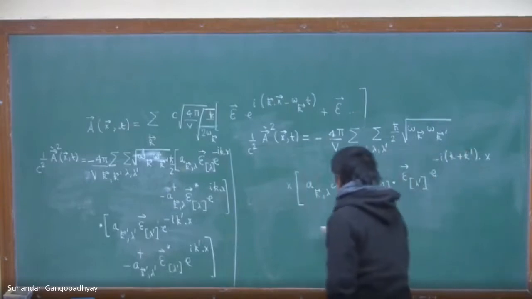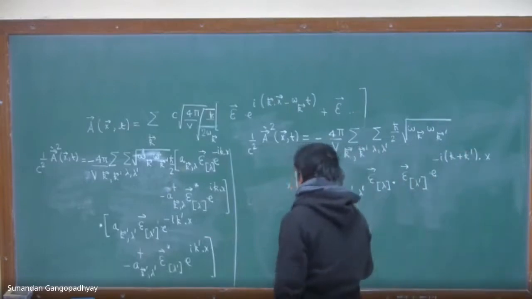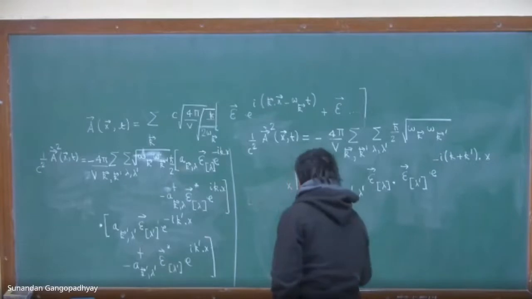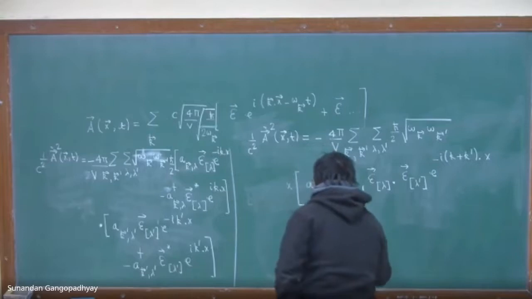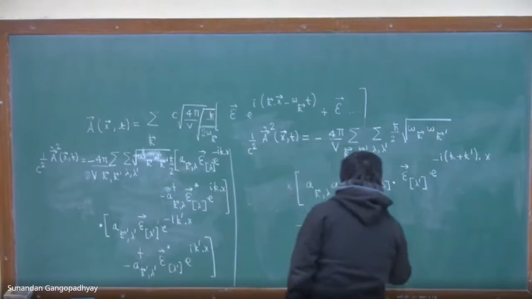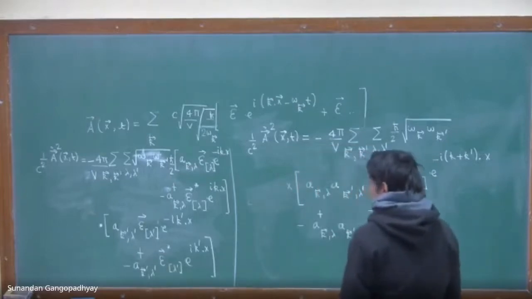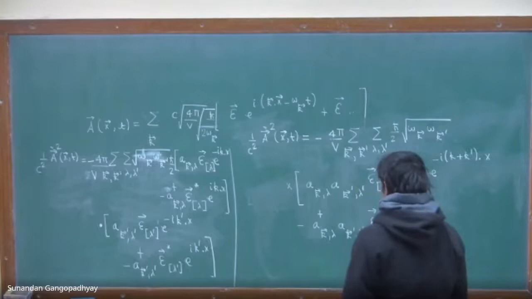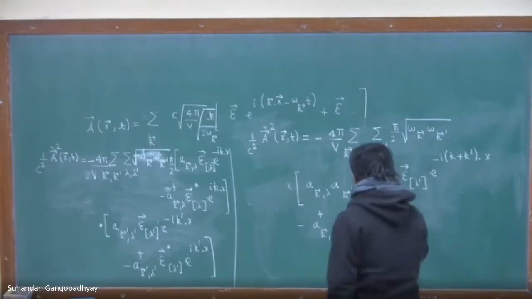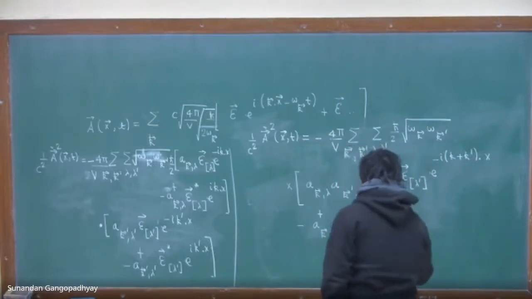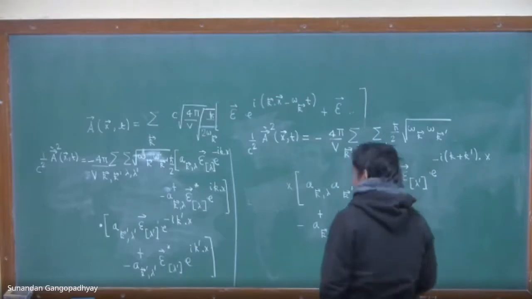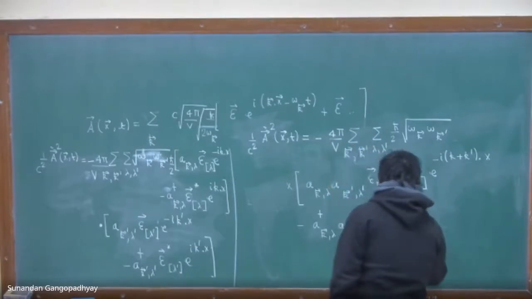Then we will have minus a dagger k comma lambda a k prime lambda prime, epsilon vector star lambda dot epsilon vector lambda prime.